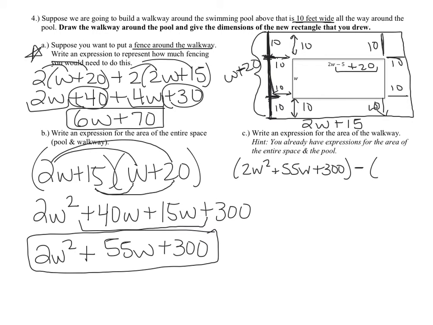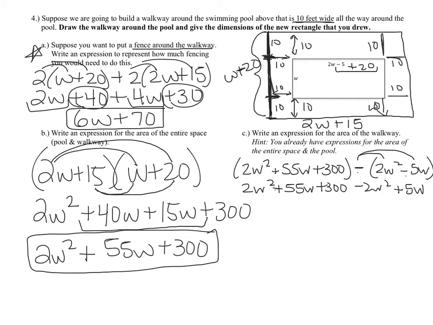We got there 2w squared minus 5w, right? And so now we're going to subtract those. Distribute your minus sign because we're subtracting all of it. So then you're going to have 2w squared plus 55w plus 300 minus 2w squared plus 5w, because we're basically subtracting a negative 5w, so it's like we're adding.